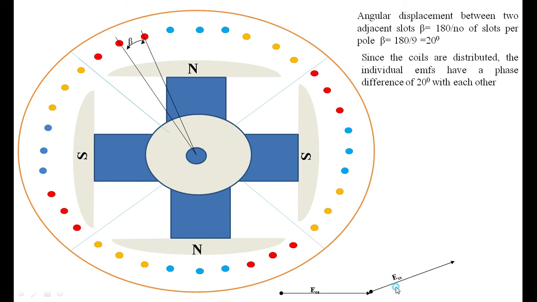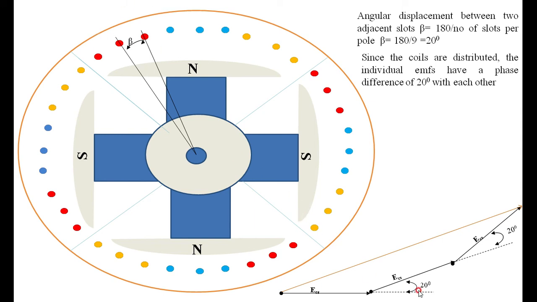Here beta is 20 degrees in this case, and this is the resultant voltage for R phase under each pole for each phase.